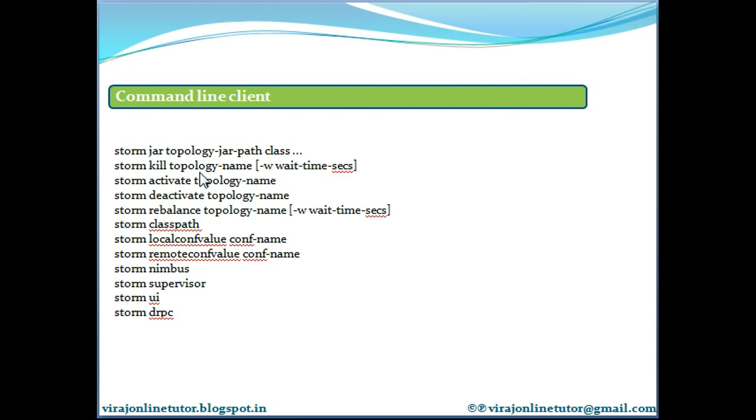Storm will first deactivate the topology's spout for the duration of the topology's message timeout, so as to allow all the messages which are currently being processed to finish. Storm will then shut down the workers and clean up their state. You can override the length of time Storm waits before deactivation and shutting down with the -w flag. You can increase that time if you want. Otherwise, by default, it is the same as the message timeout interval.